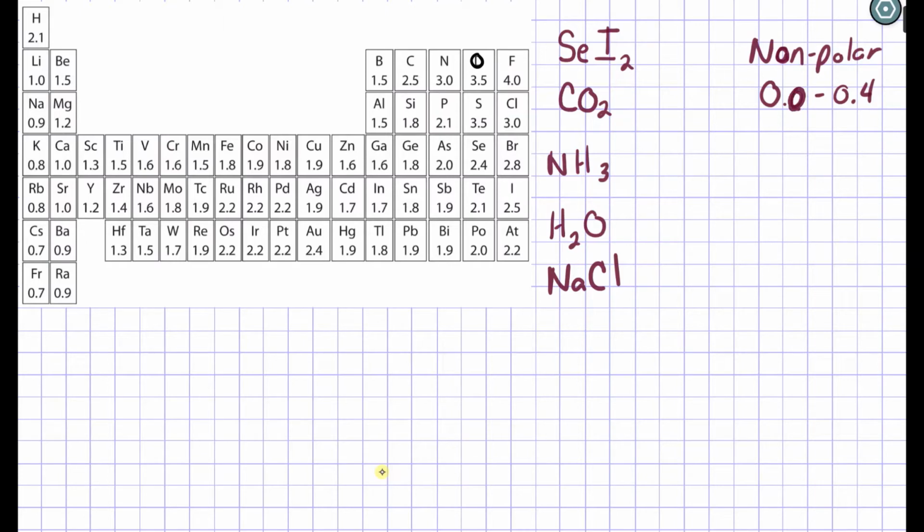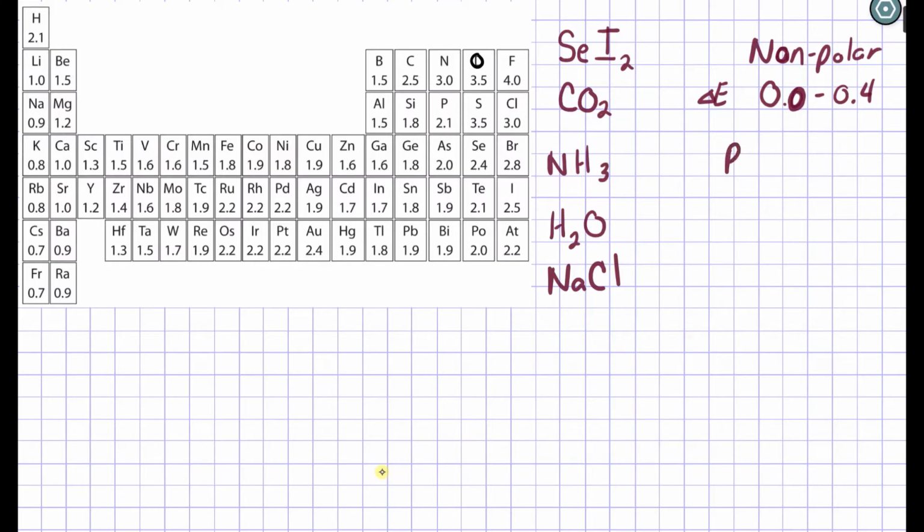You're going to see us write this as change in energy because electronegativity is telling us about how much our energy is changing. Remember, electronegativity is the amount of attraction between one atom's nucleus and another atom's electrons, and that attraction is energy. So change in energy is going to be our difference in electronegativity.